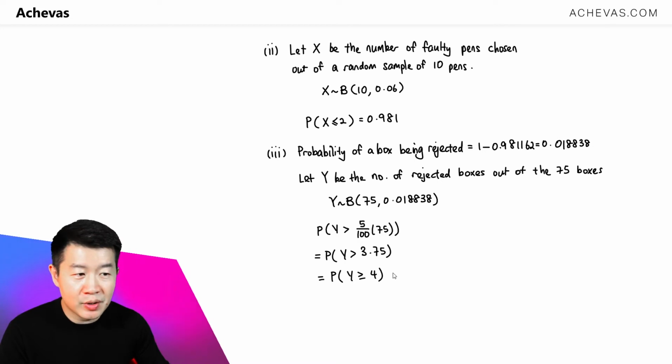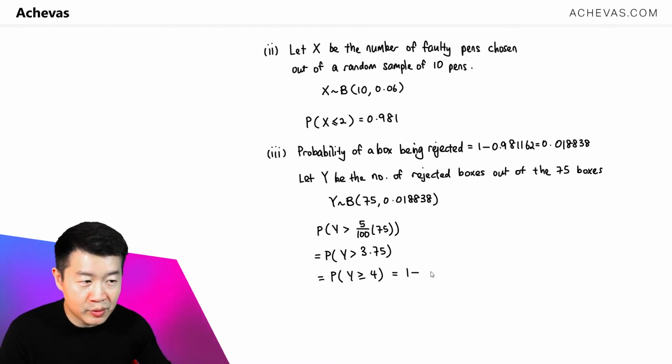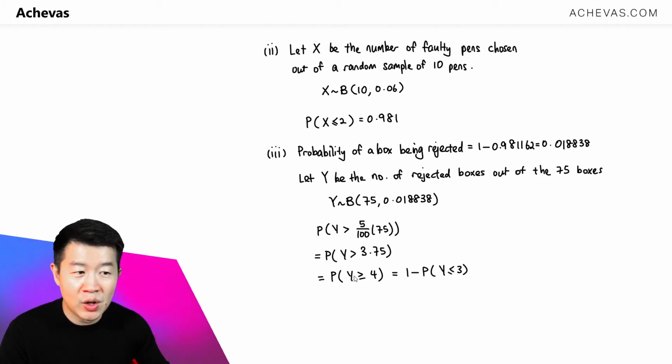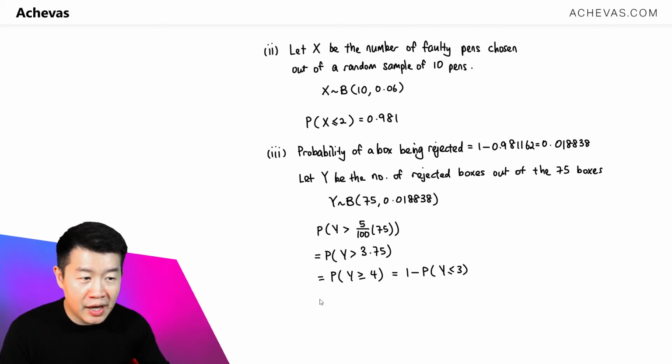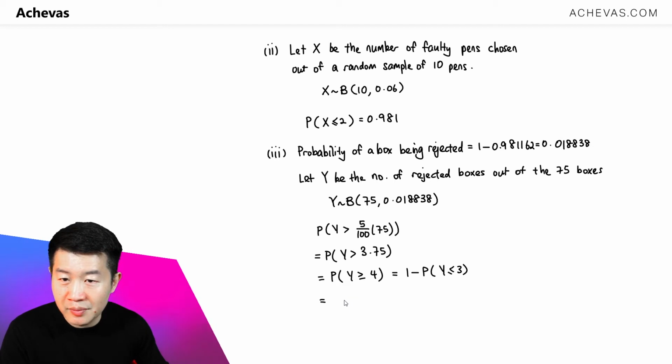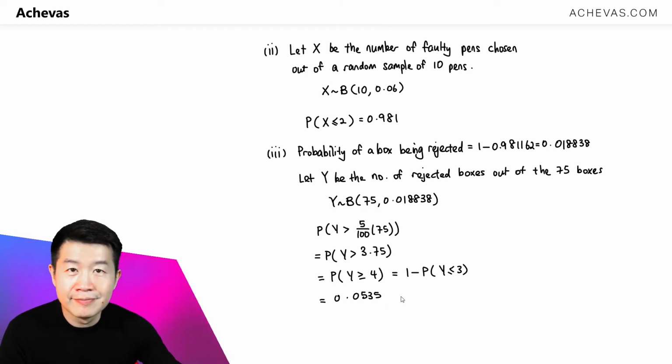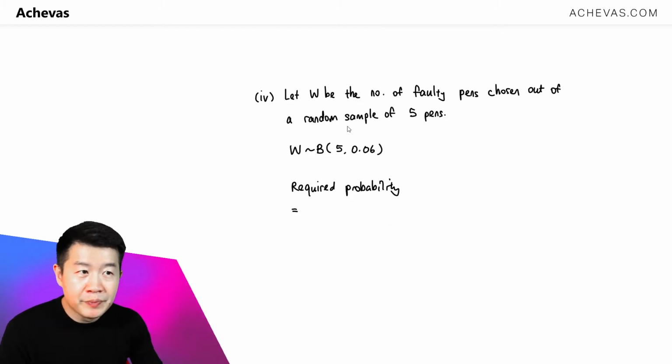And to calculate this, because of the restriction of my calculator, I'm going to re-express this as 1 minus the probability that Y is less than or equal to 3, so that I can work on the probability that Y is equal to 4, Y is equal to 5, and so on. And pressing this into the calculator gets me my answer, and that is 0.0535.